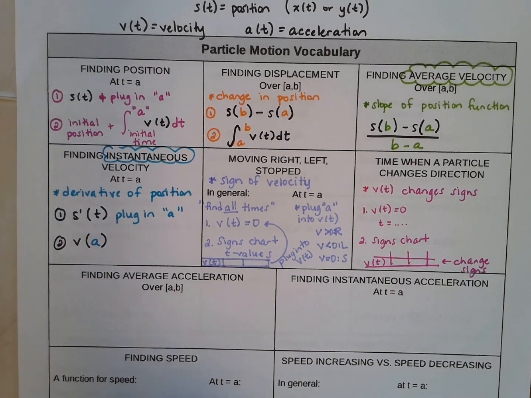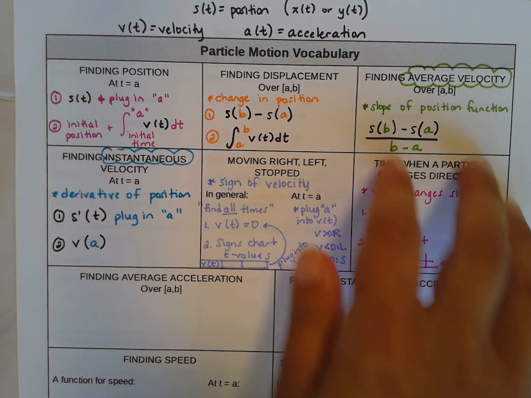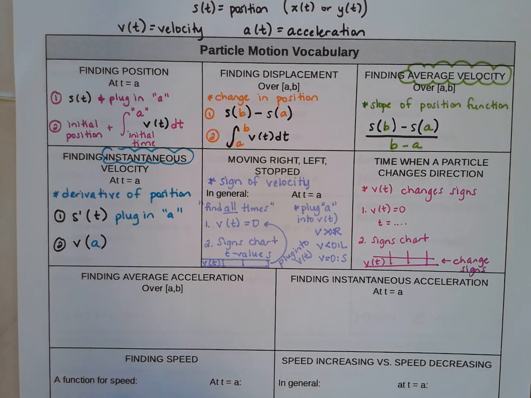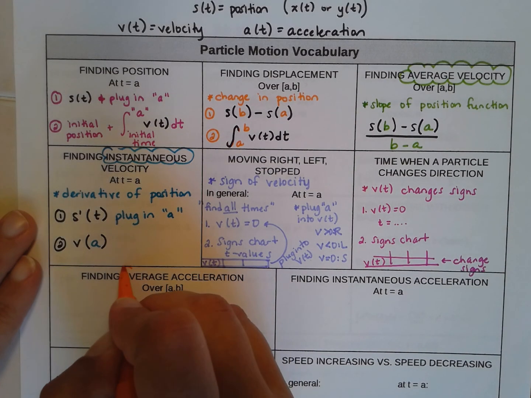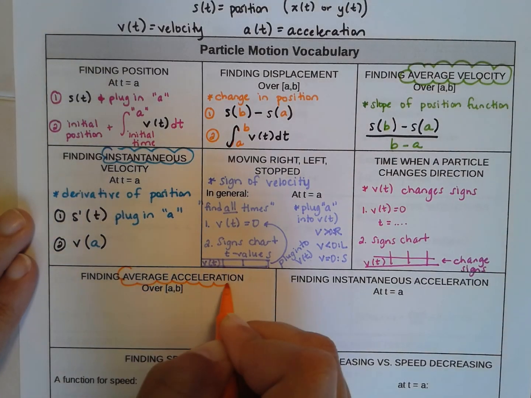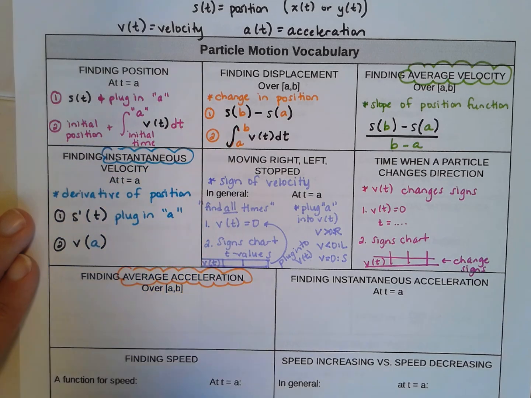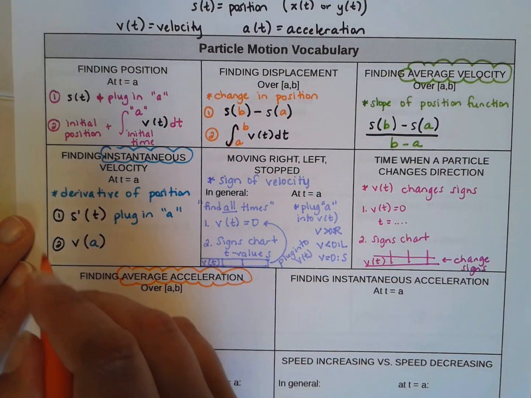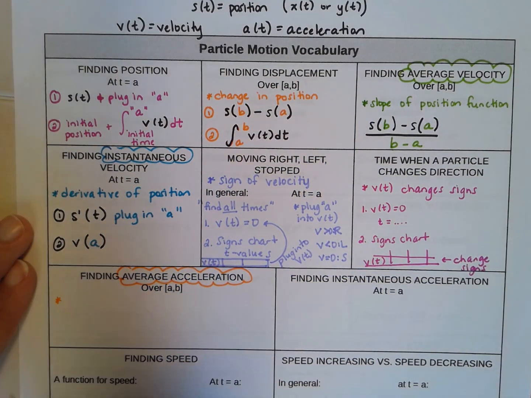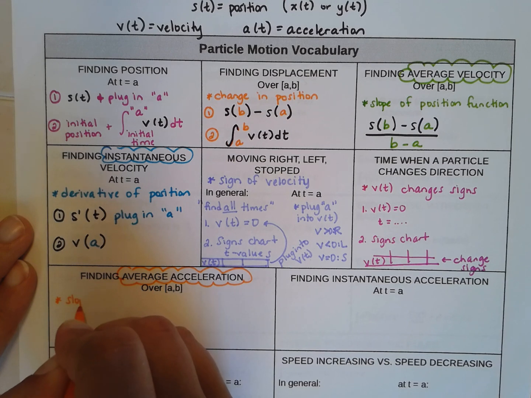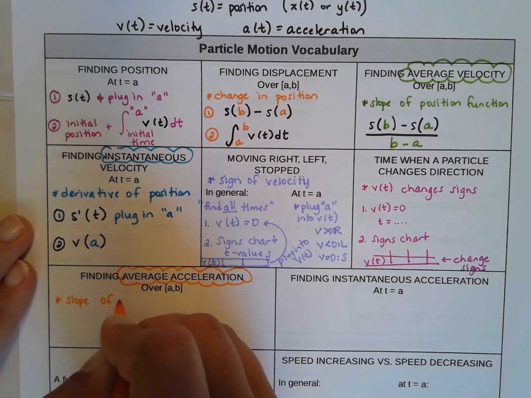Now let's talk about acceleration. So this is kind of all stuff that's related to position and velocity. Acceleration is the second derivative of position. So if I ever ask you to find the average acceleration, the average acceleration is a lot like the average velocity, only instead of being the slope of the position function, it is the slope of the velocity function.